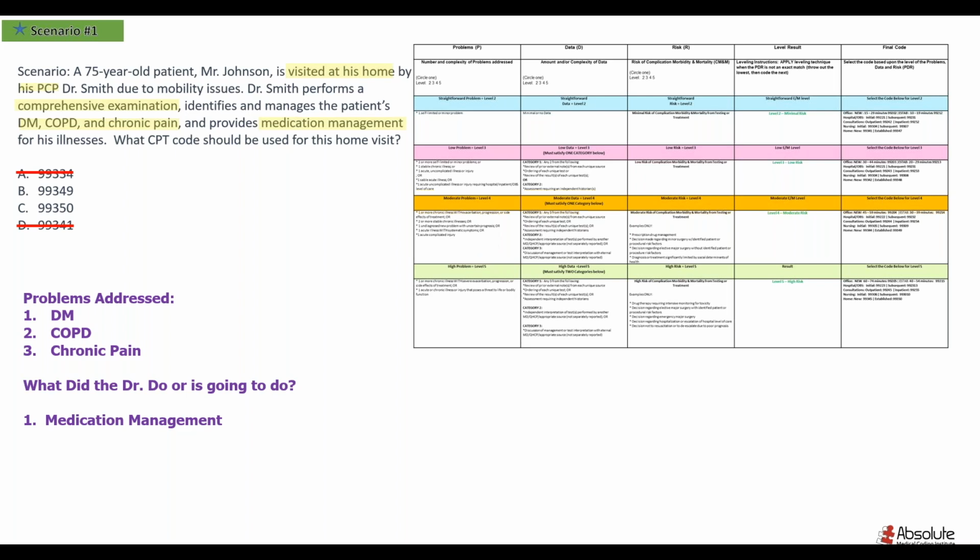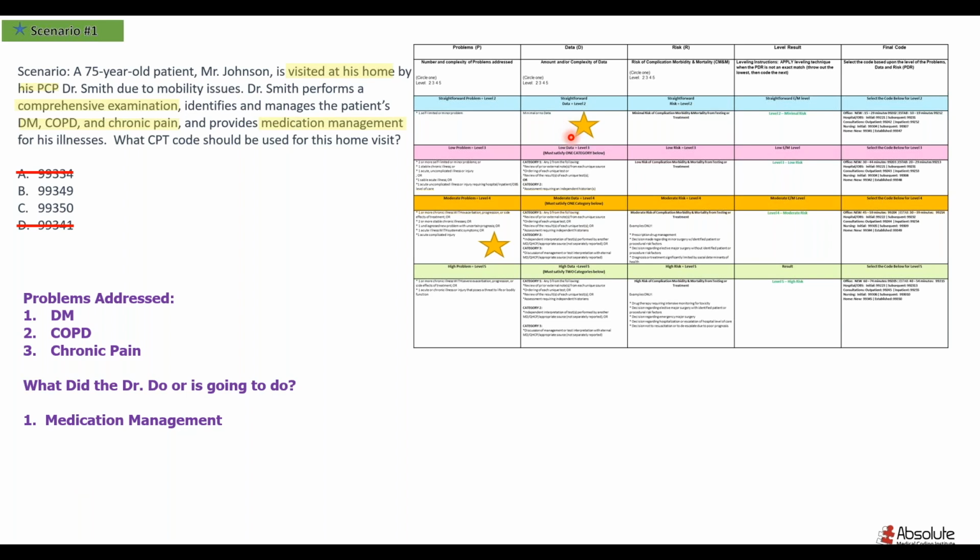How about the data, coders? Where does it fall? Yes, there is no data that has been reviewed in the scenario. No data means minimal or no data, so it falls under straightforward data, level 2.